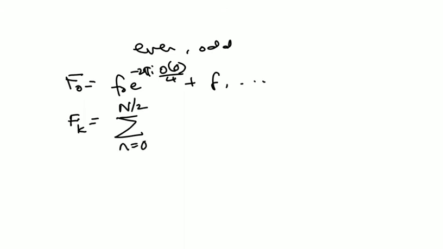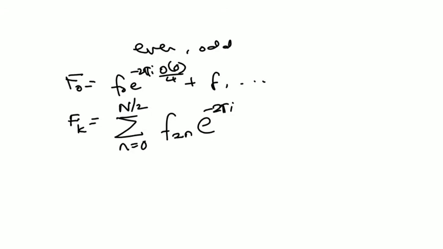Now f, I want to take only the even data values, so I have here 2n, correct? Because when n equals 0, then 2n equals 0, and when n equals 1, then we have 2 times 1 equals 2, which is an even number. So times e to the minus 2 pi i, and what do we have here?